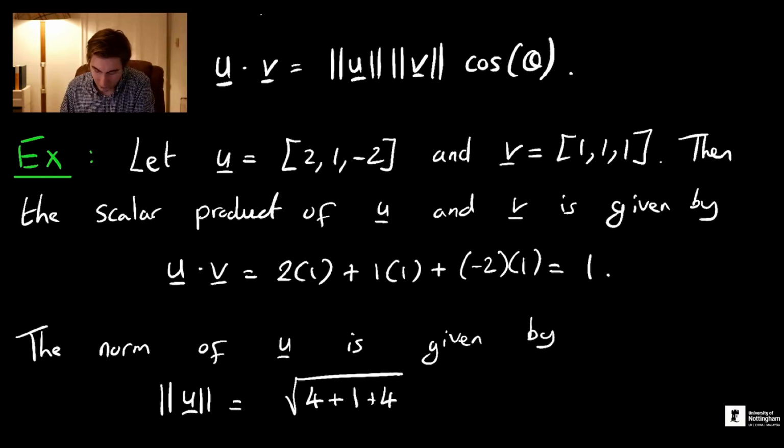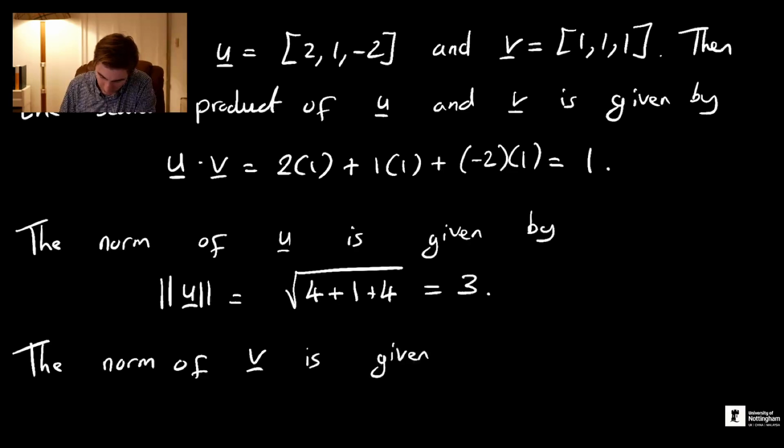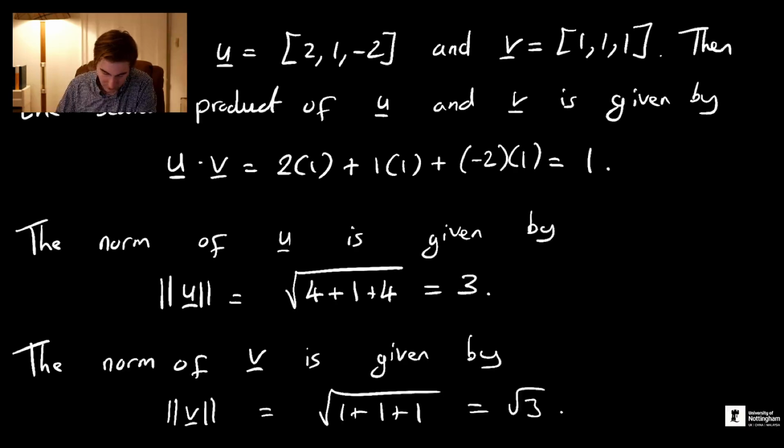So we've got the square root of 9, which is 3. The norm of v is the square root of 1 plus 1 plus 1, which is root 3.